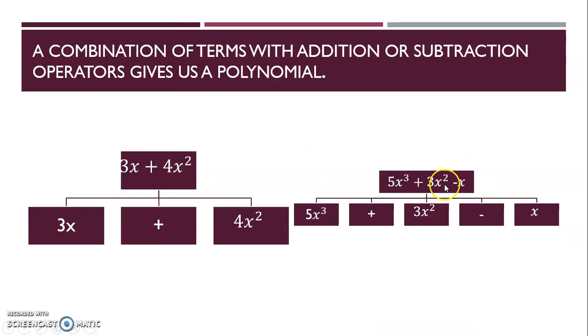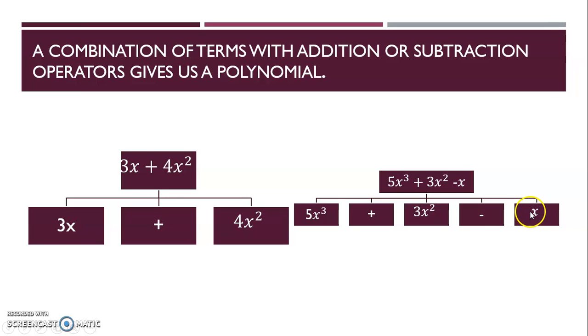5x cube plus 3x square minus x. 5x cube is 5 into x into x into x. Then 3x square is 3 into x into x, another term. x is another term. So here we are adding two terms and subtracting another term. So a combination of terms with an addition or subtraction operator gives us a polynomial. Okay, so a term is a constant and a variable multiplied with each other.